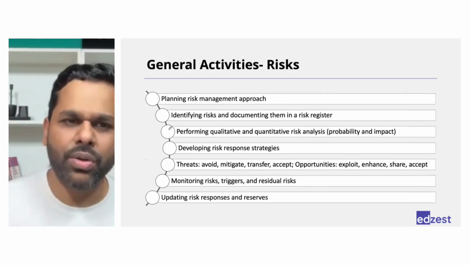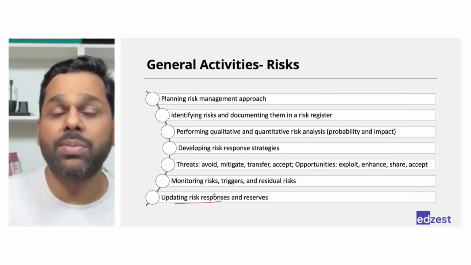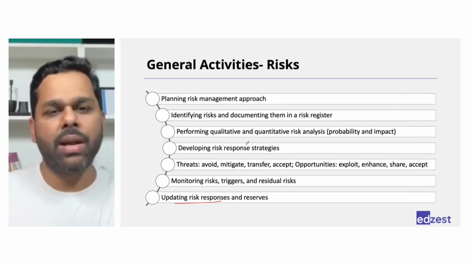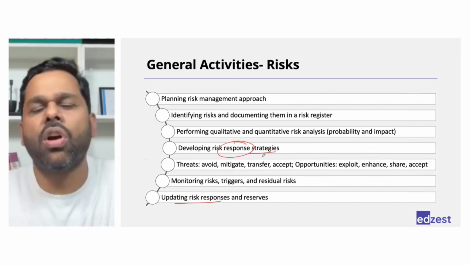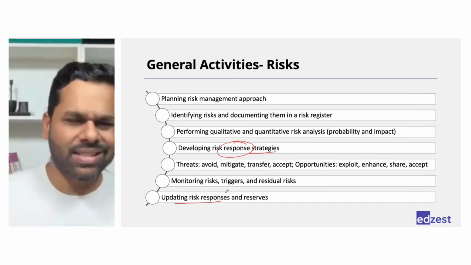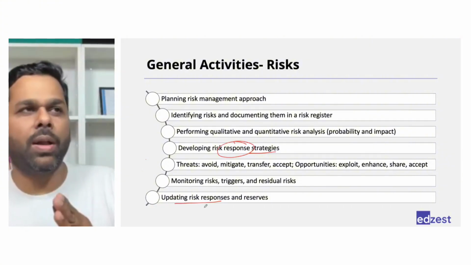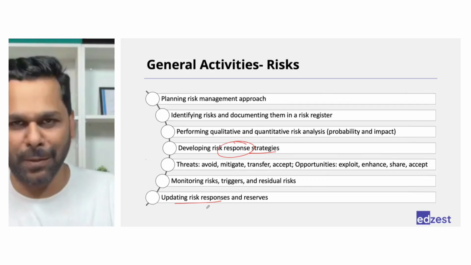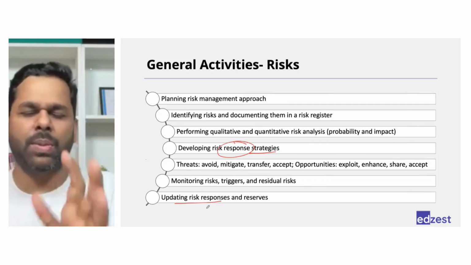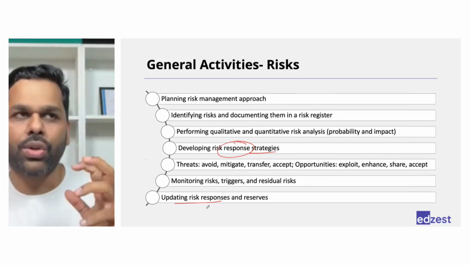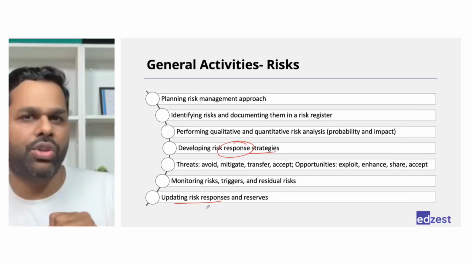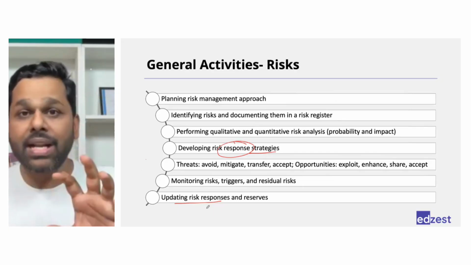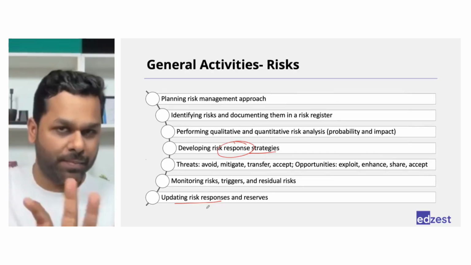Last part: whenever you carry out any activity, update your risk response. If you realize that whatever we had planned, our response strategy, is no longer valid, we have to change it. You should never be frustrated with change. In project management, there will always be changes. You should embrace that change. You should welcome those changes. That does not mean you should accept every change.